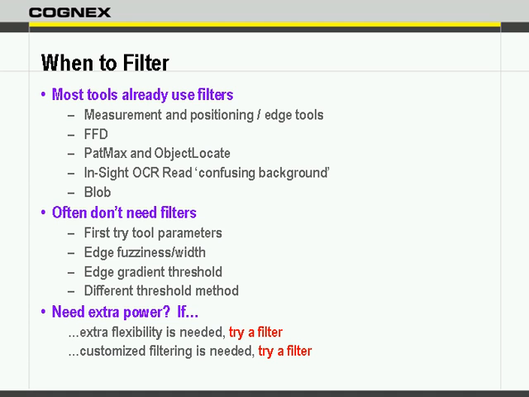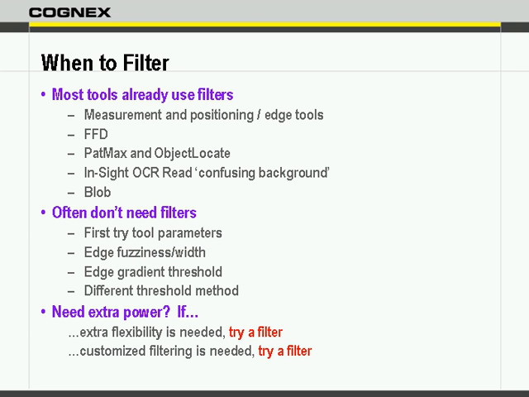A lot of the tools are already using filters. As I said, a filter changes the image to make things easier to inspect. And one of the core filters is just an edge filter. Well, the measurement and positioning tools and the edge tools in all image processing applications are just big edge tools. That's all they are. They're just big edge filters. So those tools are already doing a lot of filtering and thresholding.